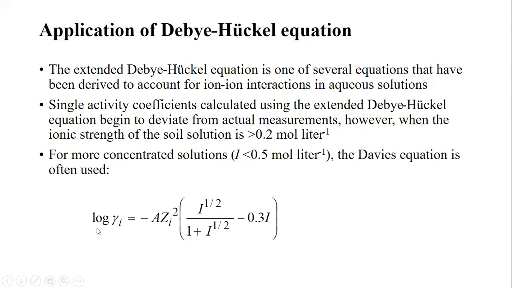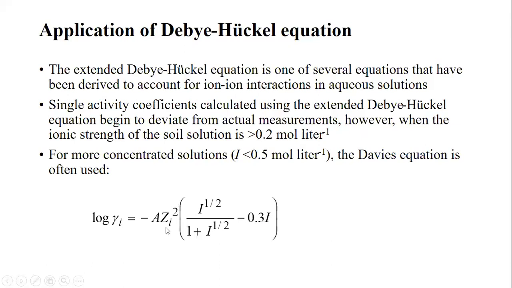And this is given as log gamma I, remember, log gamma I, the same like that, minus A Zi squared. This is similar, but inside is different. I to the half over 1 plus I to the half. Remember, this whole fraction you subtract from it, not you subtract from the top part. No, you subtract from the result of this fraction minus 0.3I.